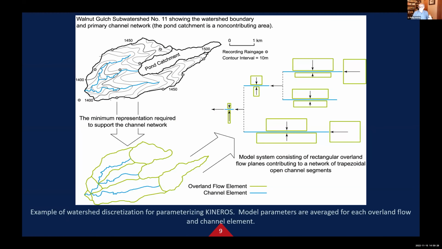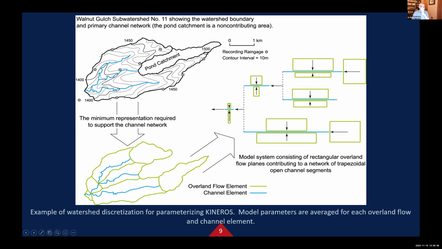So in this figure, I'm just illustrating what it conceptually looks like when we're done with this process. We'll take a watershed with topography. This is a watershed, I forget, watershed 11, okay, in Walnut Gulch Experimental Watershed.